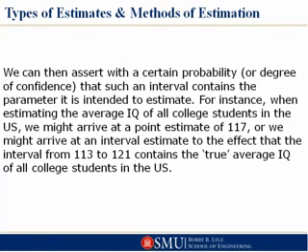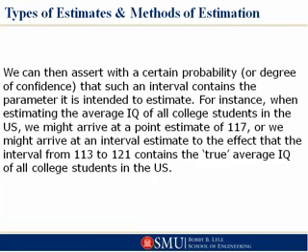So for instance, when estimating the average IQ of all college students in the United States, we might arrive at a point estimate of 117. And that might be you've drawn a sample of 10,000 students or 50,000 students and found out what their IQs are and say, okay, this is an estimate for the IQ for all the students across all universities in the United States.